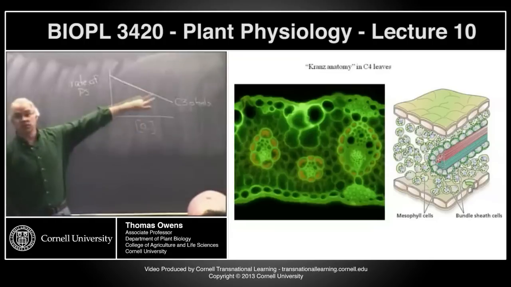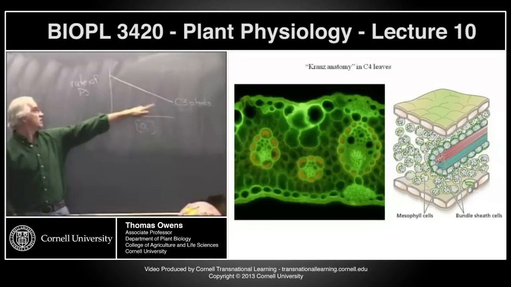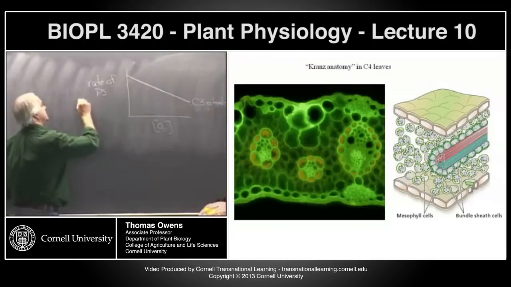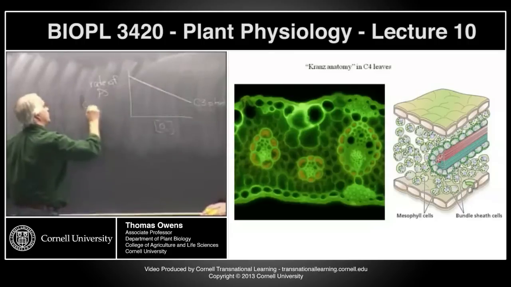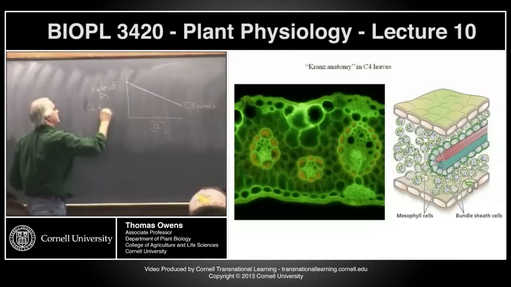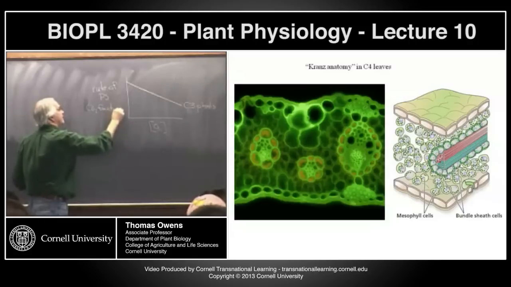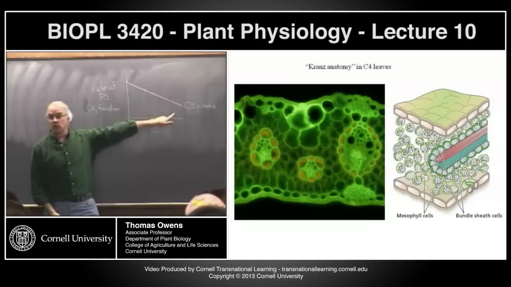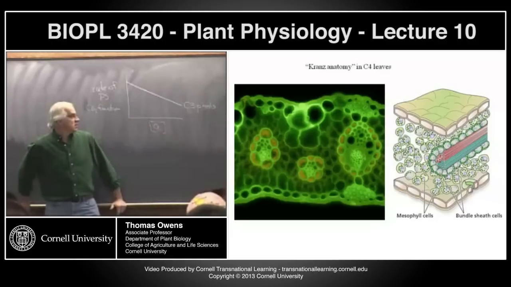Increasing oxygen concentration, decreasing rates of photosynthesis, at least as measured as CO2 fixation, net CO2 fixation. Right? No surprise. Higher oxygen, more oxygen competition, more oxygenation and less carboxylation.